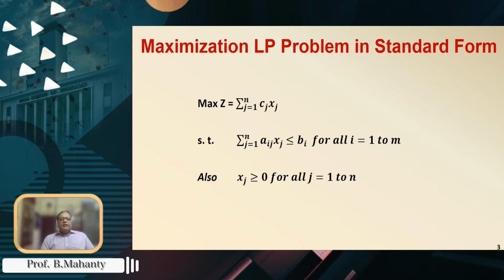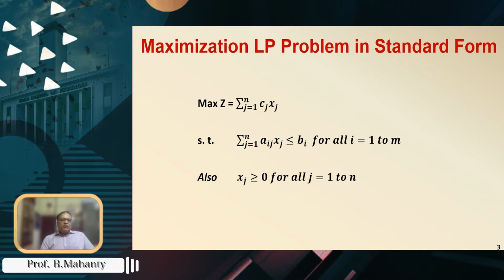So Aij xj is the total resource requirement of a particular type. So we are assuming there are m different resources. So it is like A11 x1 plus A12 x2 plus A13 x3, etc., less than equal to B1. So that is the equation for the first resource. Similarly, for the second resource, third resource, and there are m number of resources.